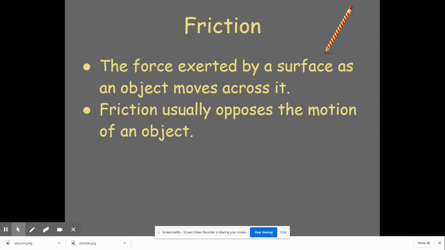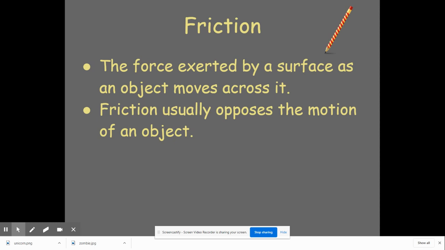All right, I bet this is a force that you've heard of before. This is friction. And if you're not sure what friction is, just take your hands right now and start rubbing them together. Friction is just the force exerted by a surface as an object moves across it. So if you rub your hands together, your two hands are exerting friction against each other, and you'll actually start to maybe have your hands warm up a little bit.